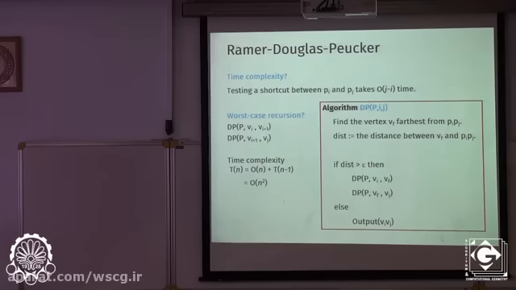In your time complexity, you don't have something like epsilon, but I guess that for a very big epsilon you would just simplify your big trajectory to a line segment. Yes, and the order would be 1. But you don't have epsilon in your time complexity. No, it's just quadratic.